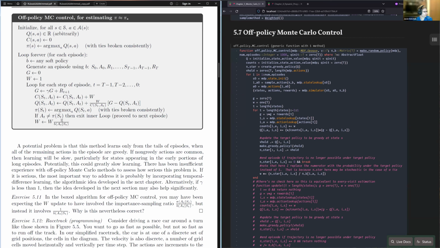Why is this a 1 instead of pi(a|s)? There is an answer to this. Keep in mind, this is being used to calculate the weight going backwards from the end of the episode, and remember that the weight is the product of all of these ratios.